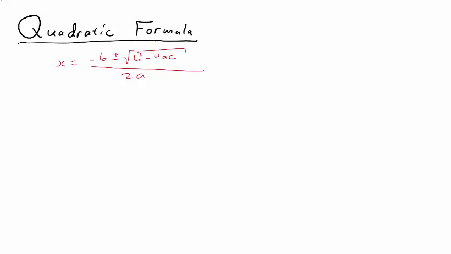And it looks like this, where A, B, and C are all from the quadratic equation AX squared plus bx plus c equals 0. And so it's a quick and easy way to find the solutions to x.